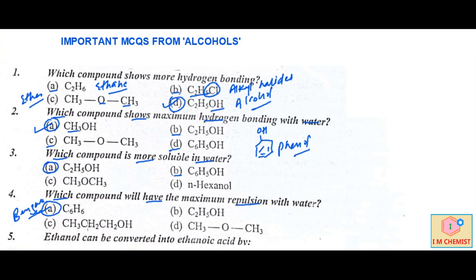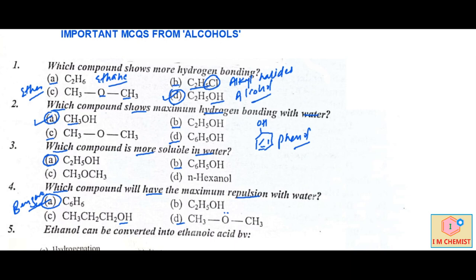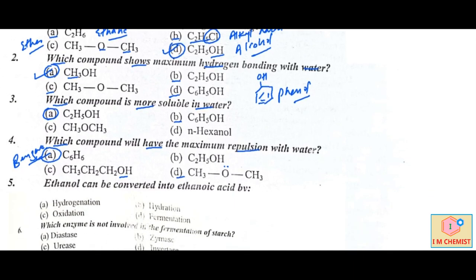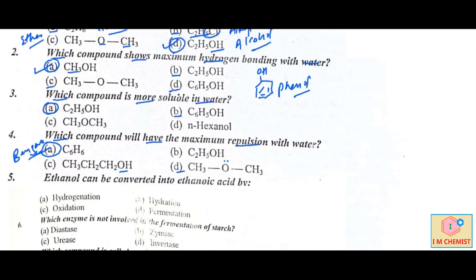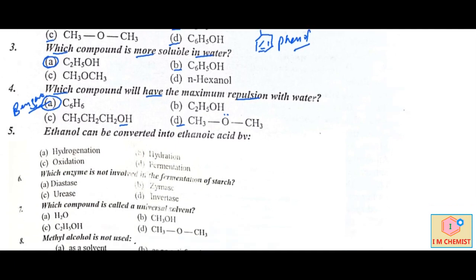In option number C, again we have propyl alcohol, so it also has the ability to make hydrogen bonding. And in case of option number D, we have ether. Ether has lone pairs of electrons, so up to some extent it has repulsion for water. But in the MCQ they are asking for maximum repulsion, so option number A would be correct.